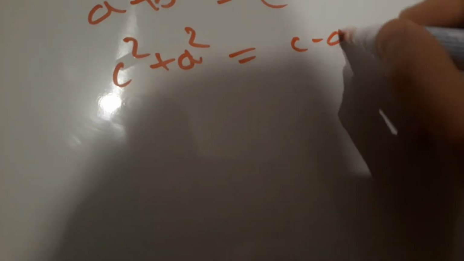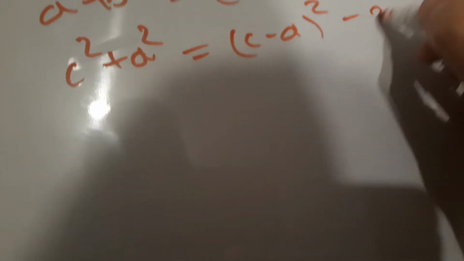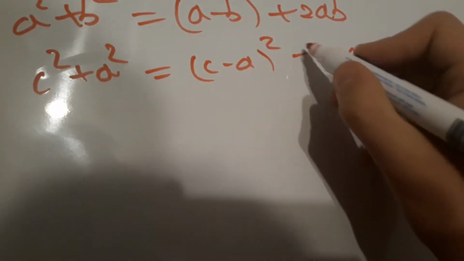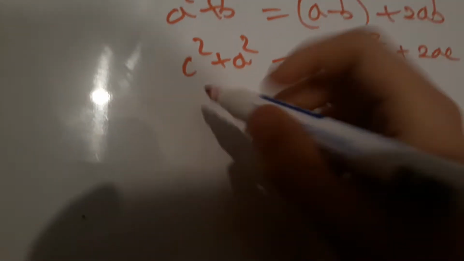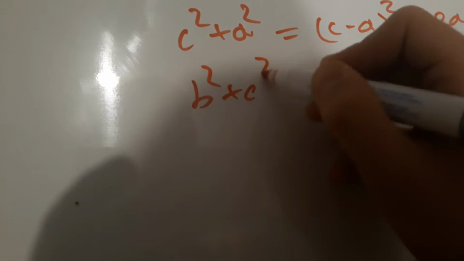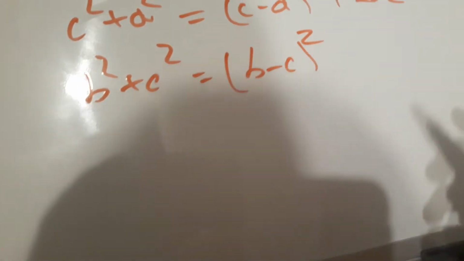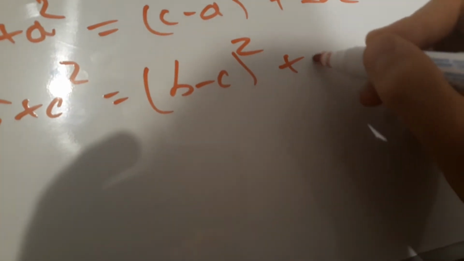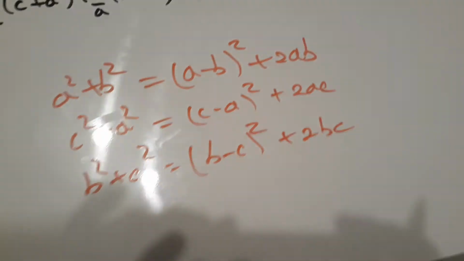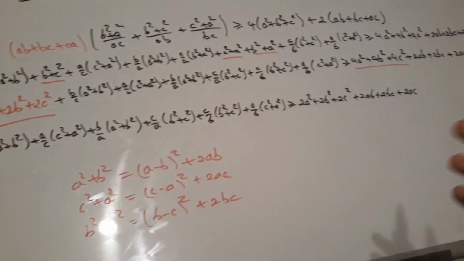This is just (c minus a) all squared, but just minus 2ac. Sorry, plus. Here we'll do the same with b squared plus c squared, which is (b minus c) or (c minus b), doesn't matter, plus 2bc. So we will substitute that in our inequality from all here.